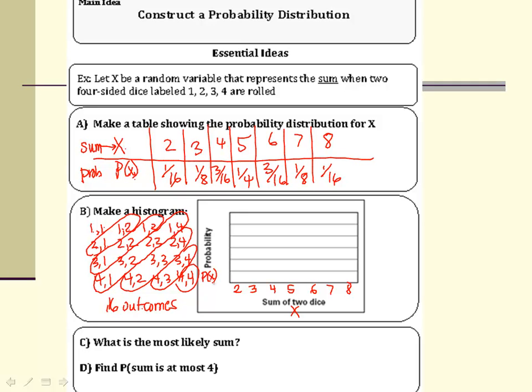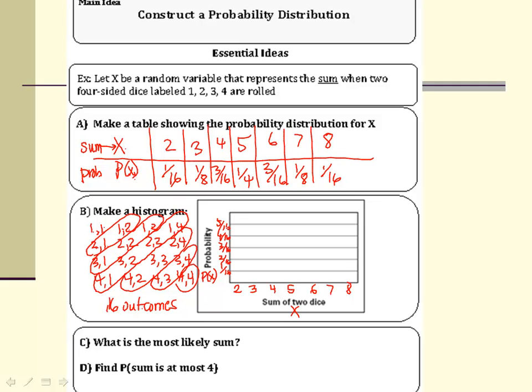And I want to label kind of each line. Now I know my smallest possibility was 1/16. And then I had, for the sum of 3, I had 2/16, which we reduced. And then 3/16, and 4/16, and 5/16. And so I'm going to label my bar graph that way because I think that tends to be the easiest.